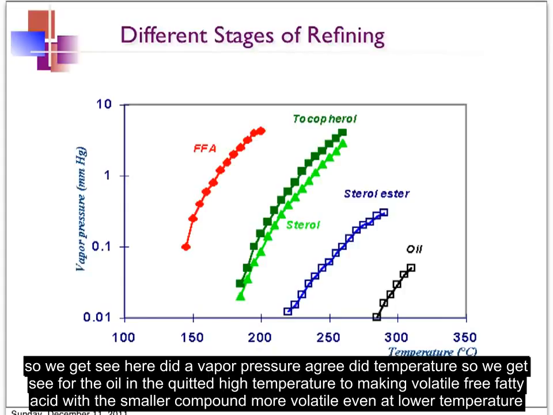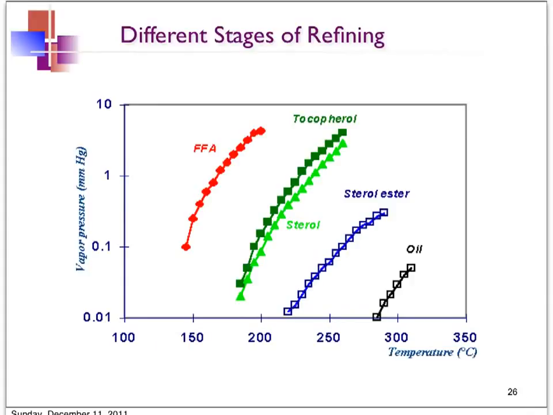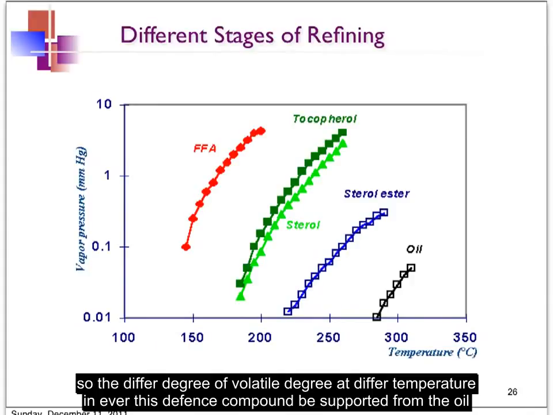For the oil, it requires high temperature to make it volatile, whereas free fatty acid, which is a smaller compound, is more volatile even at lower temperature. So the different degree of volatility at different temperature enables these different components to be separated from the oil.